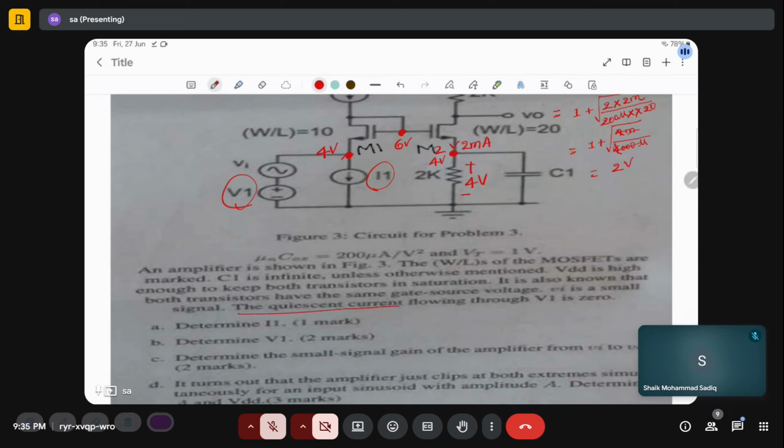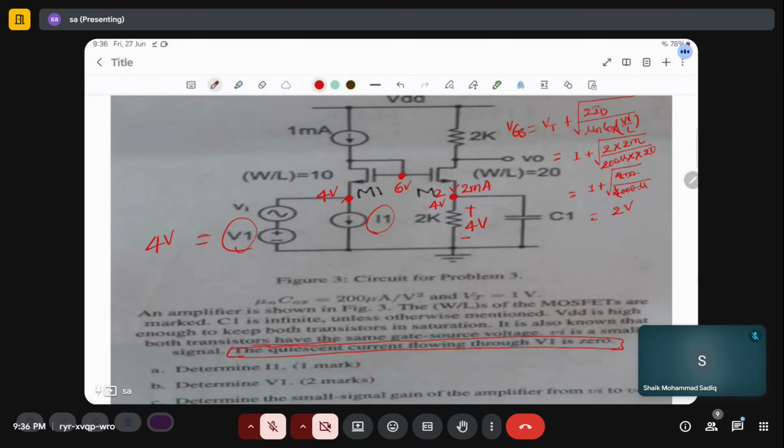The quiescent current flowing through V1 is 0. When will that be possible? It is possible when V1 is 4 volts.